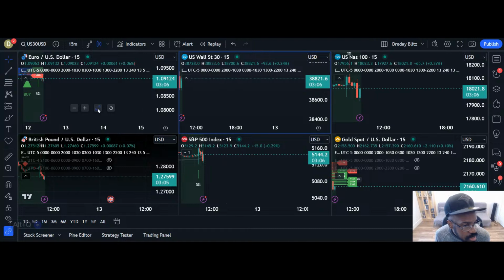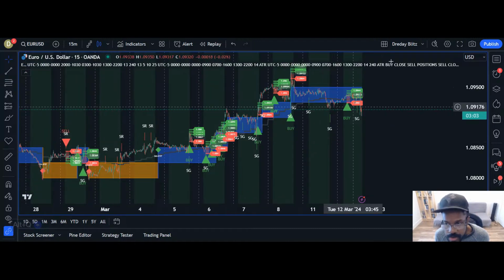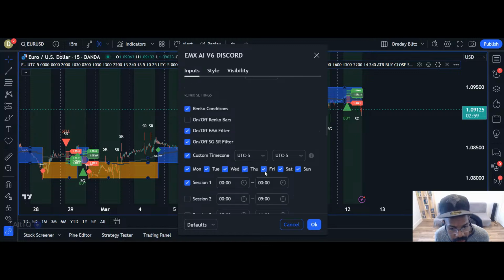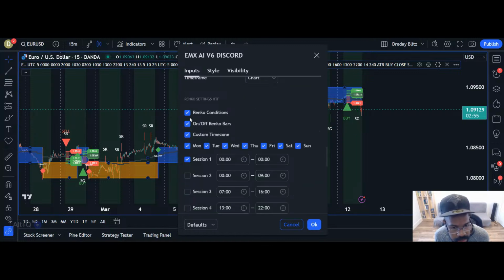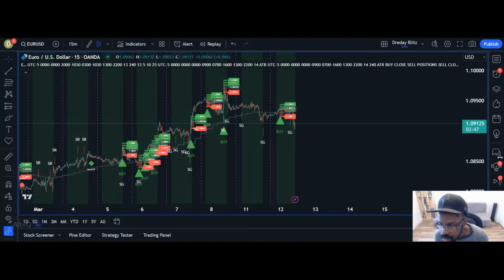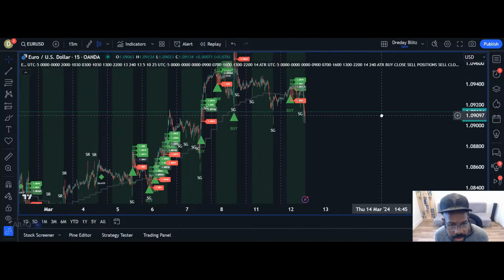So basically, it's really the setups that we had here overnight, basically at London. I'm just gonna remove the Renko with this one because you have the option to Renko or not. So that will give you some good indication of where the market is going.